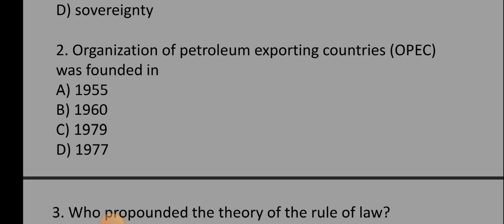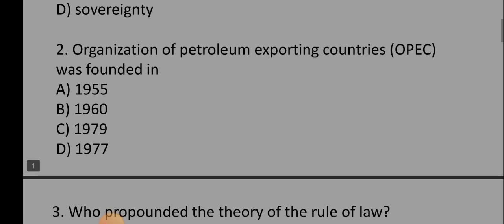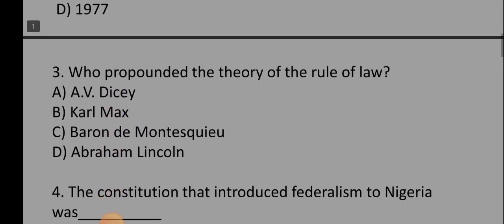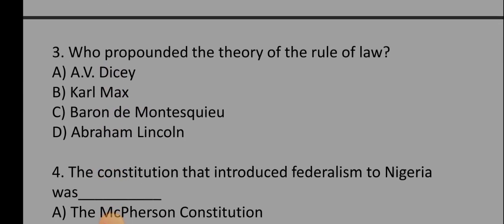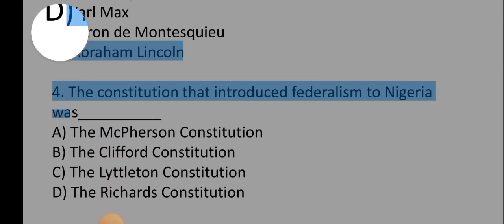Option B, which is 1960. The next one is question number 3: who propounded the theory of the rule of law? A.V. Dicey. That's option A.